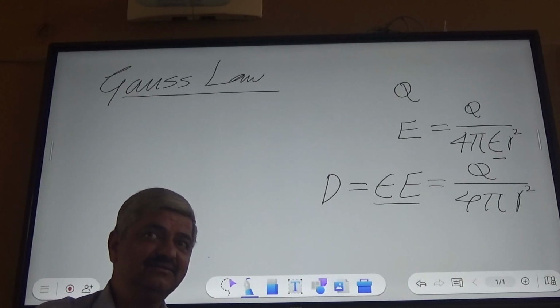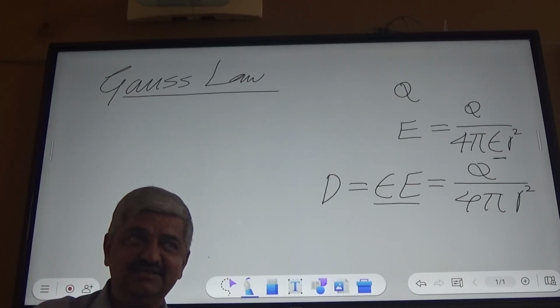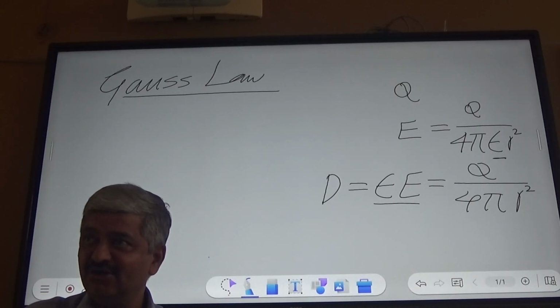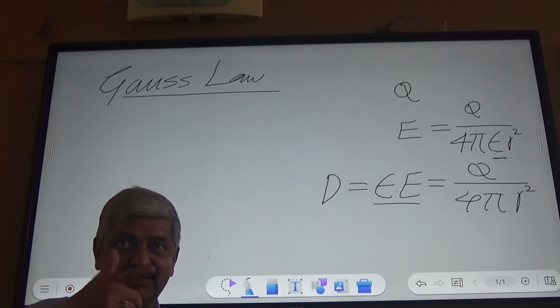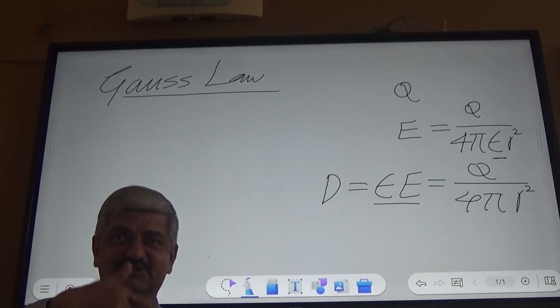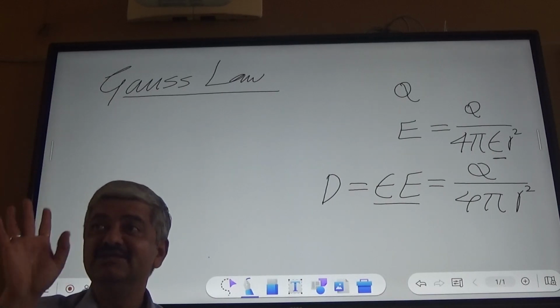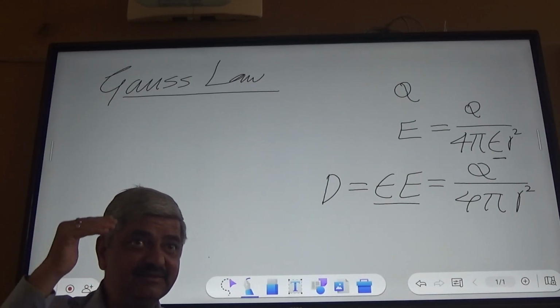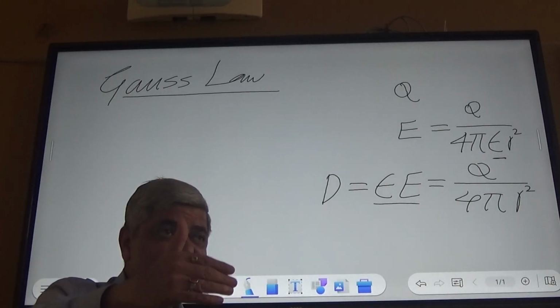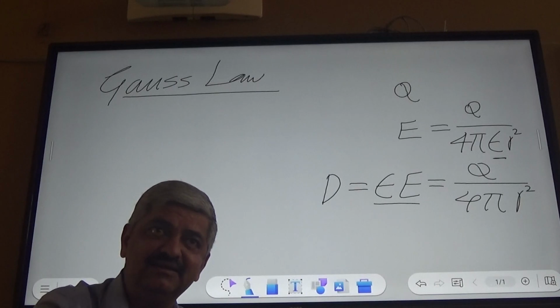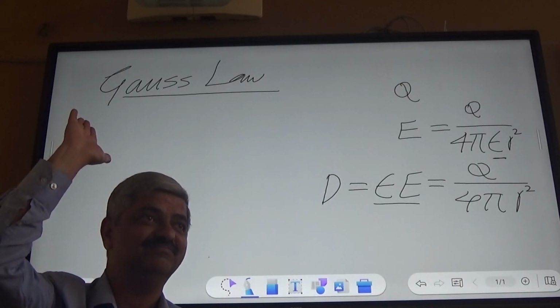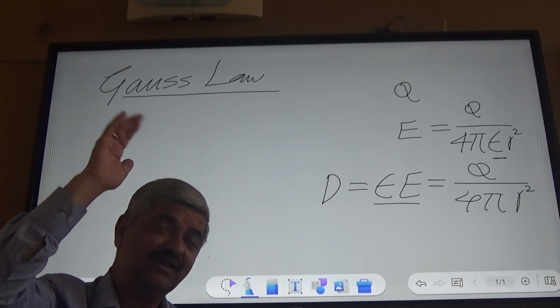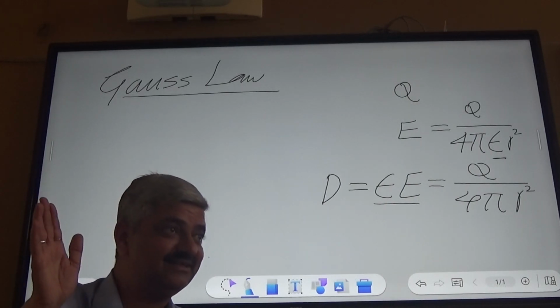Like that, a surface is a collection of points such that it constitutes area but doesn't constitute volume. Is it clear? A collection of infinite points in such a manner that it constitutes area but doesn't constitute a volume. The area constituted may be finite or may be infinite.